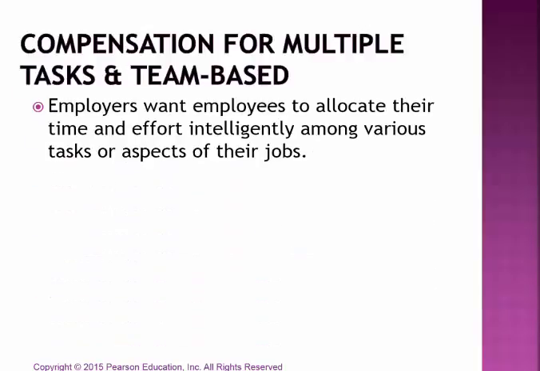Employers want employees to allocate their time and effort intelligently among various tasks or aspects of their jobs. We did speak about this in our earlier chapter 22. We want motivation. We want them to be working towards the goals and objectives as deemed important by management.